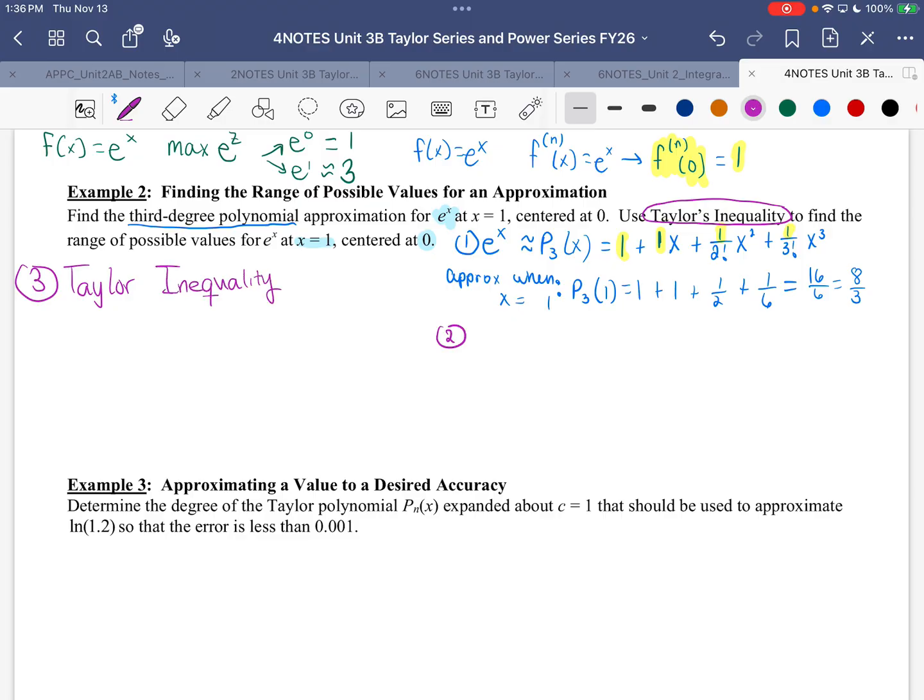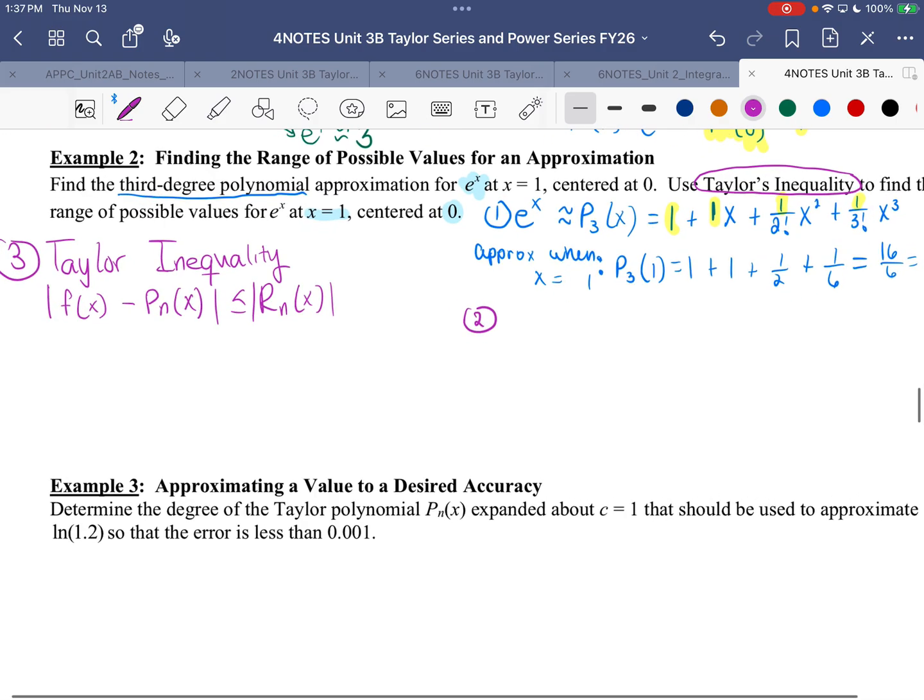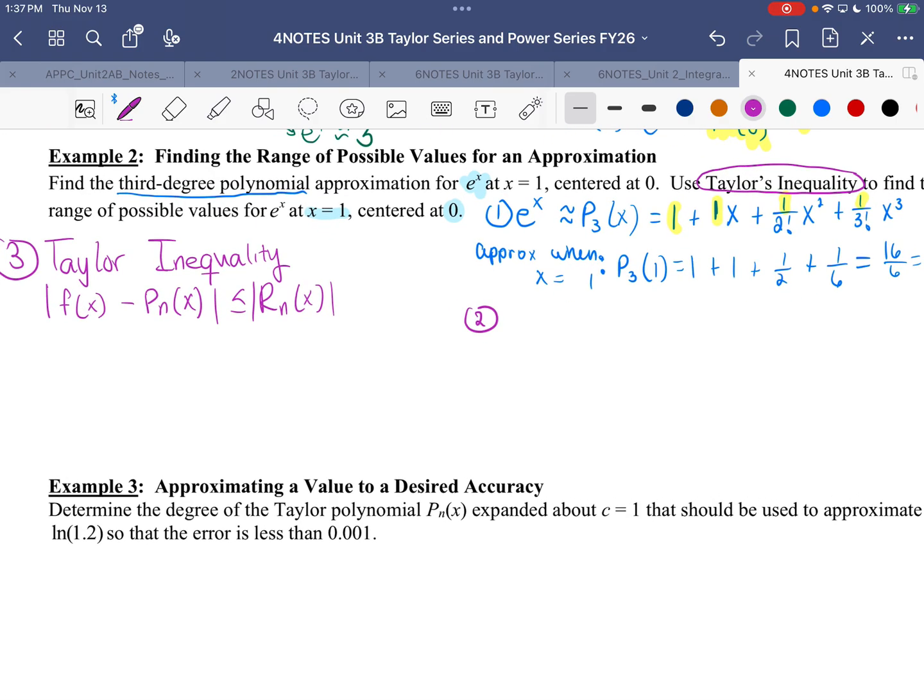The Taylor inequality is saying f at x minus p at x should be less than the remainder. So we need to find p at whatever value and the remainder at that value.